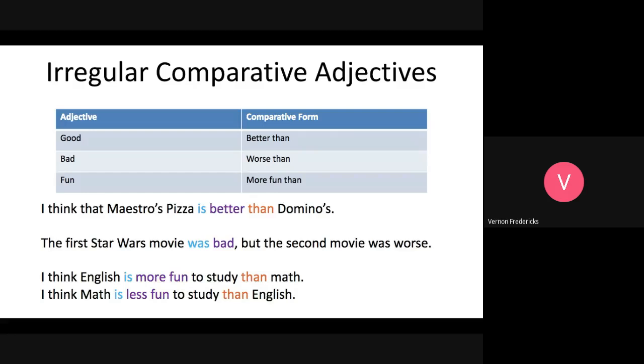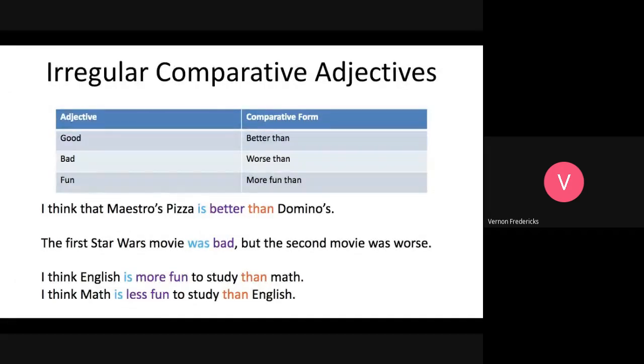Abdullah is good. Ahmad is better than Abdullah.